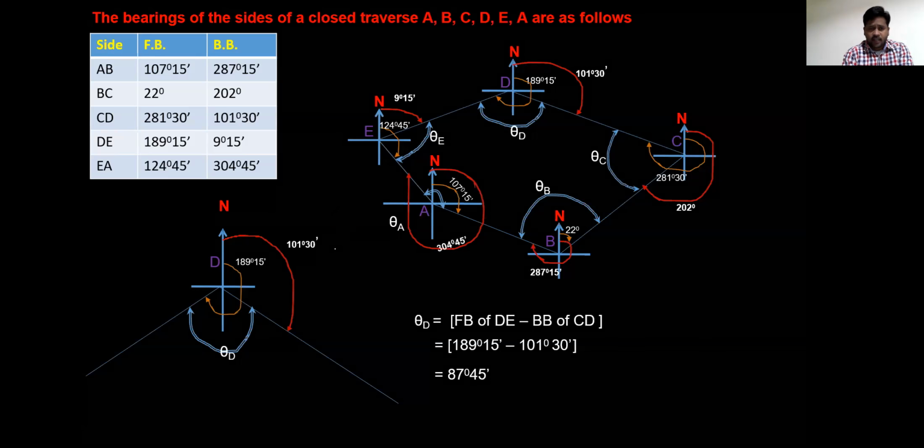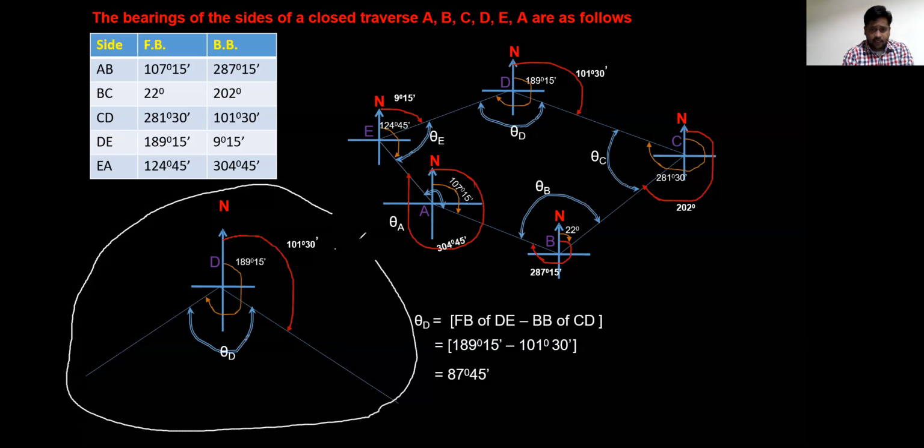if you see here, the station D diagram is drawn clearly here, because it is clumsy to see otherwise. So if you want to find this included angle, this is my included angle.